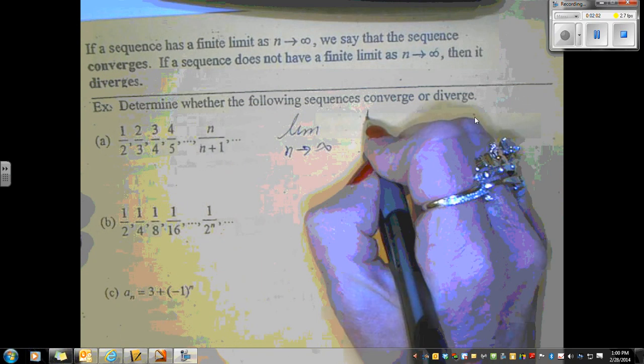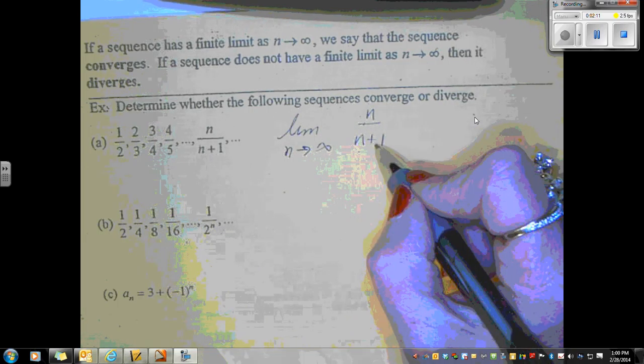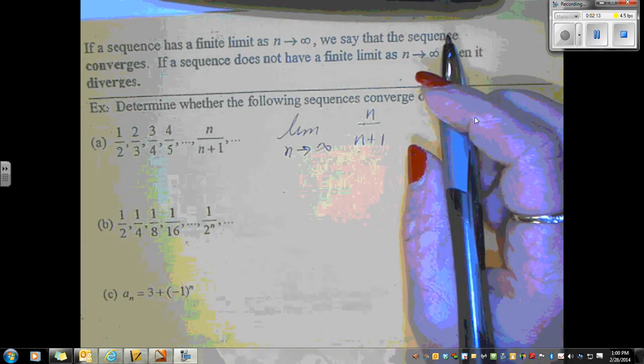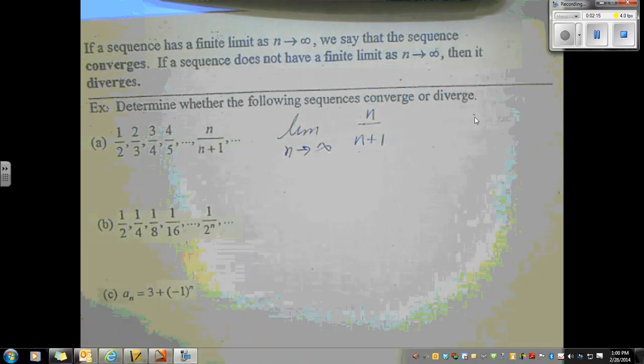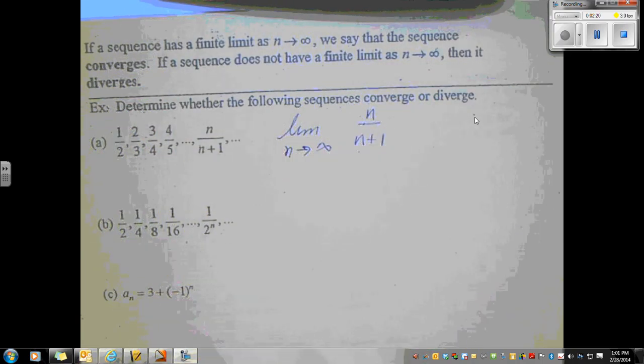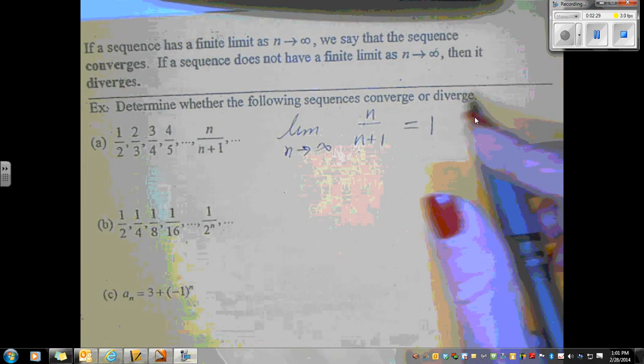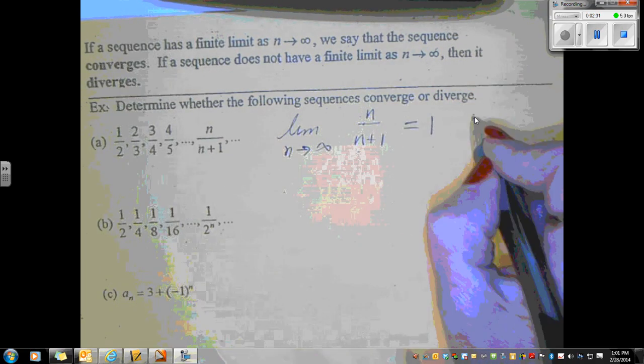Well, look at this. If I do a limit as n goes toward infinity, how would you do this? Well, L'Hopital is one way. Another way is to say the degree of the top and the degree of the bottom are the same. Therefore, the limit is 1. So if this goes to a finite something, we say converge.